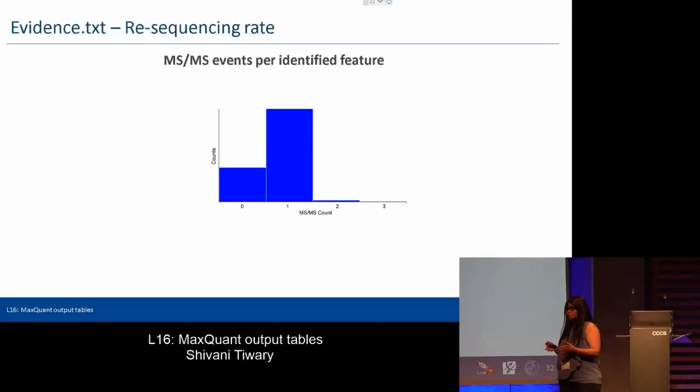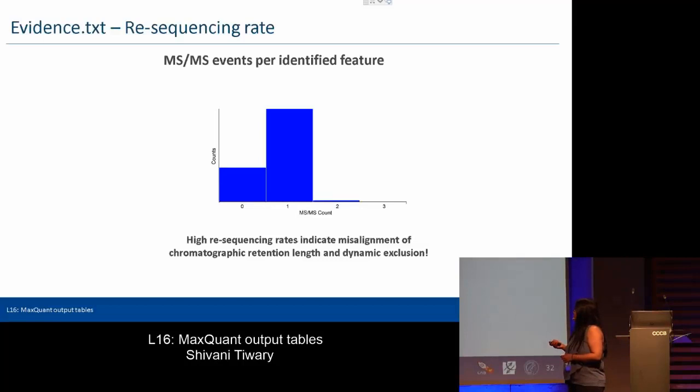Dynamic exclusion is where you take one MSMS and you make a list and you try to not sequence it again. So here we see that most of the MSMS were sequenced only once, and a few were sequenced 2 times, but never 3. But there is 0 MSMS, which means that it was found by MS match between runs.